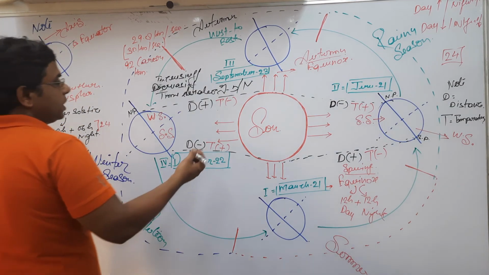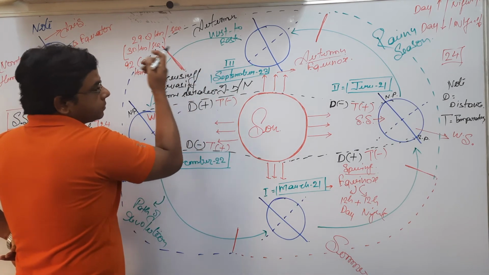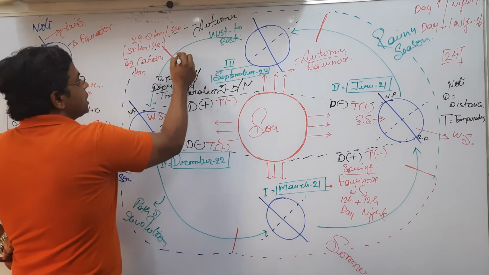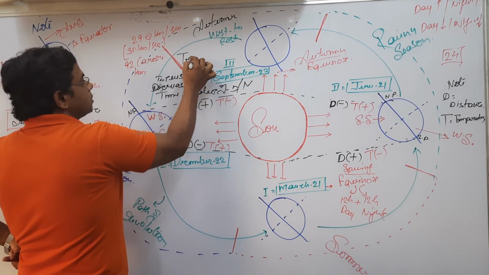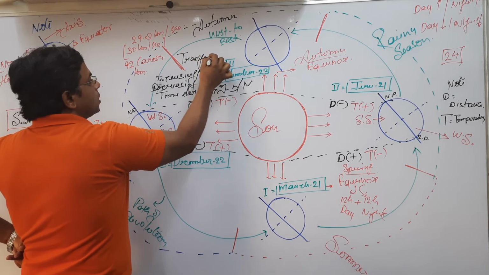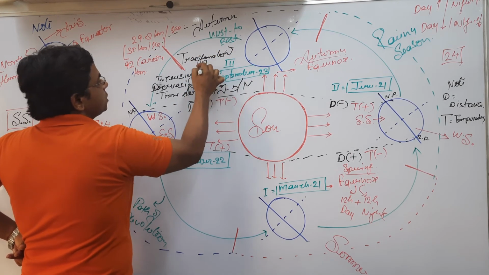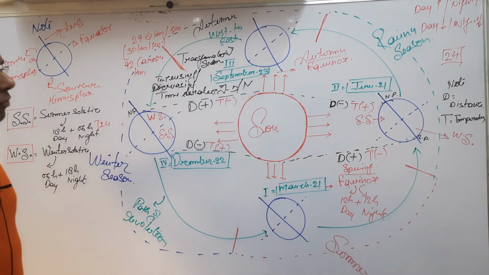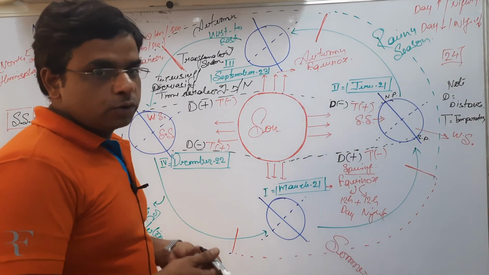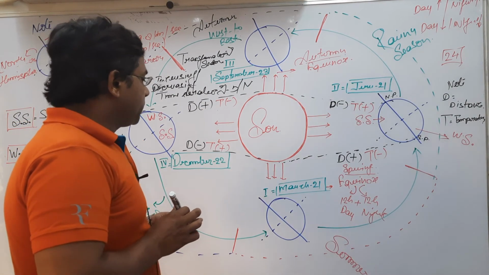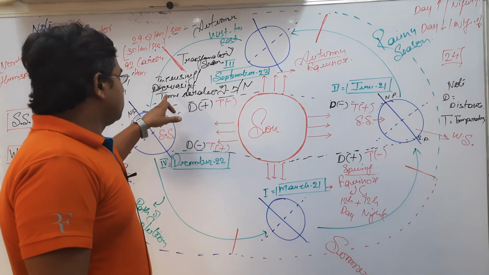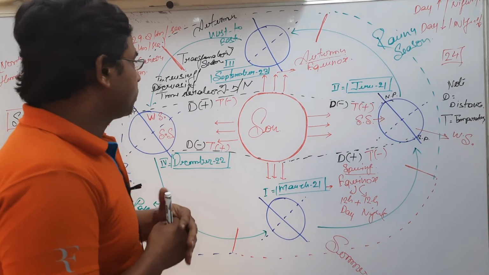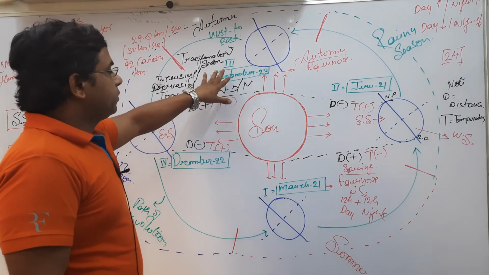And the second outcome of the revolution is the transformation of season, or we could easily say we are getting the seasons because of the revolution. If the revolution were not there, we would not get the increasing or decreasing time duration of the day and the night, and we would not have the seasons.